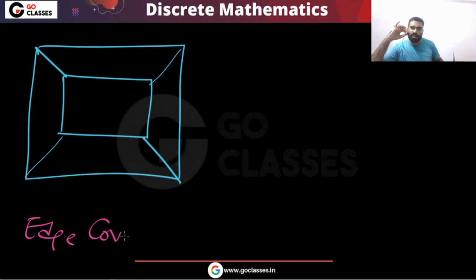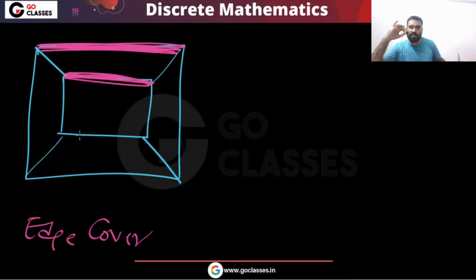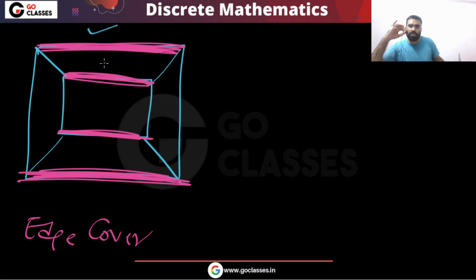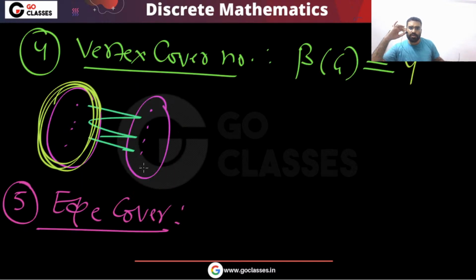Edge cover means you have to cover all the vertices. So I can take this edge, these 2 vertices covered, these 2 covered, these 2 covered, these 2 covered. So the edge cover number will be 4. This is an edge cover, so finally the edge cover number will also be 4.